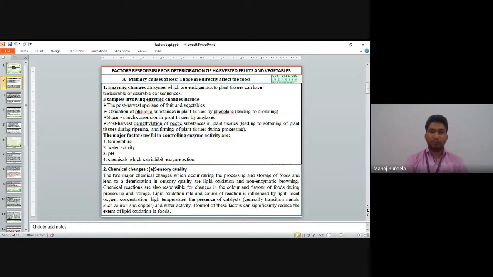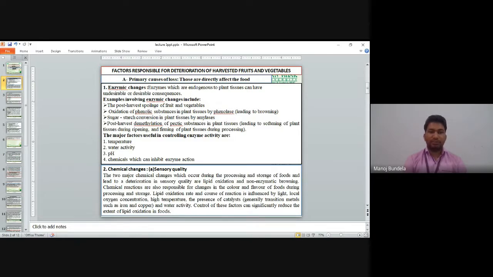The tissue of the fruits will start softening, and during the time of processing, the firming will be stopped. The major factors useful in controlling the enzymatic activities are temperature, water activity, pH, and chemicals which can inhibit the enzyme action.